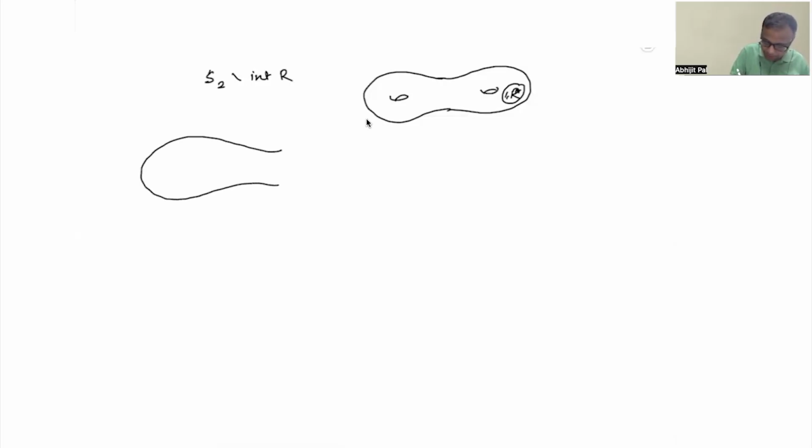I'll get a surface of genus 2 with one boundary component. Let us call this surface with one boundary component R prime, which will be equal to this. Maybe I'll draw it here.